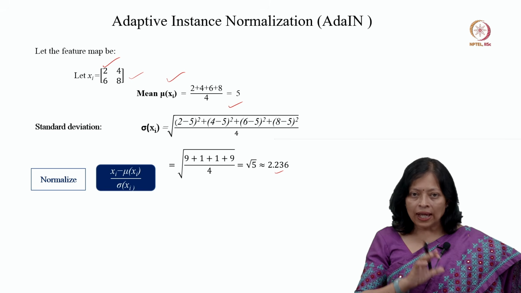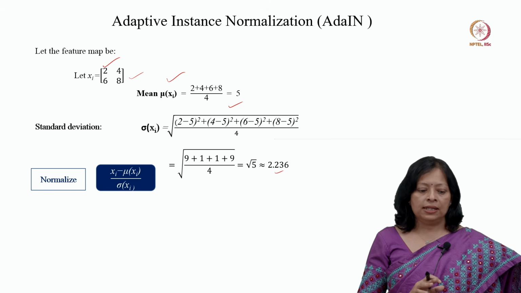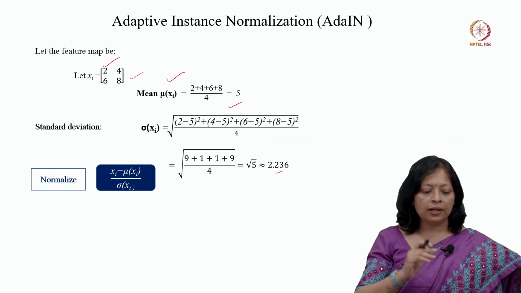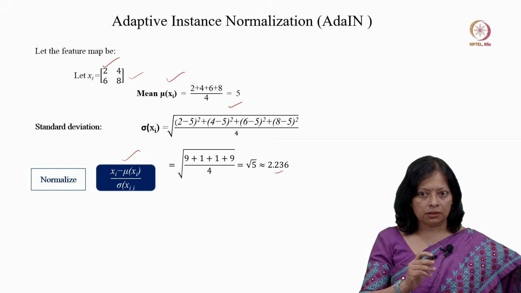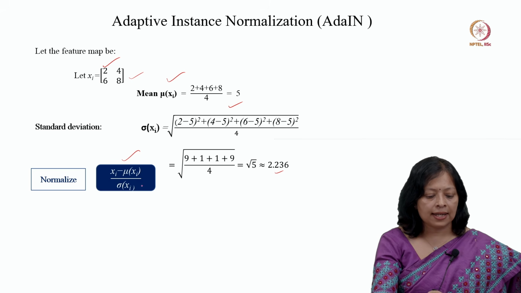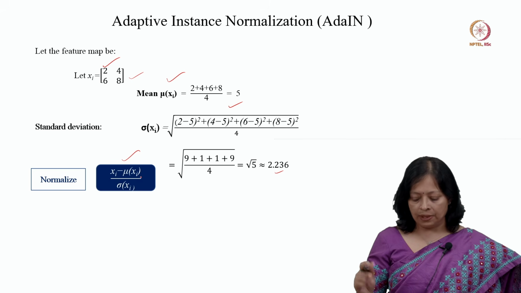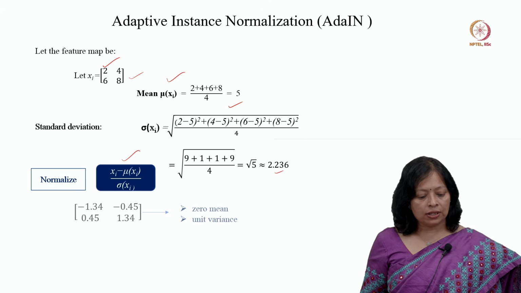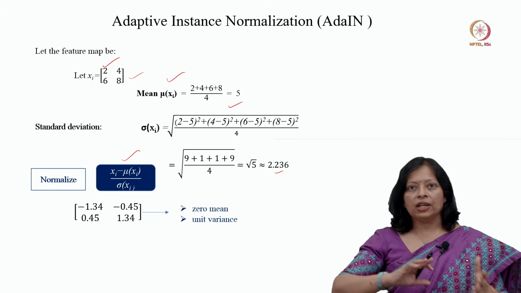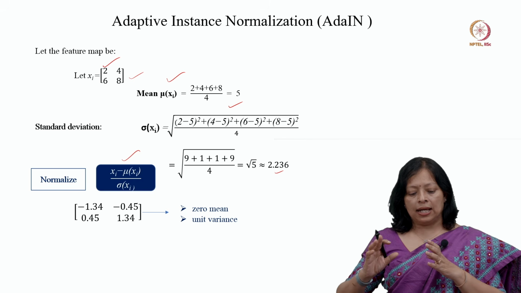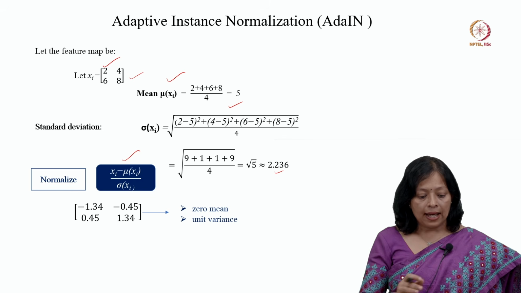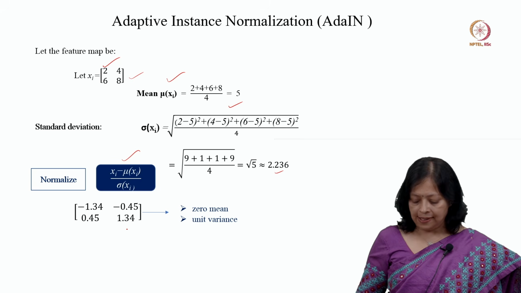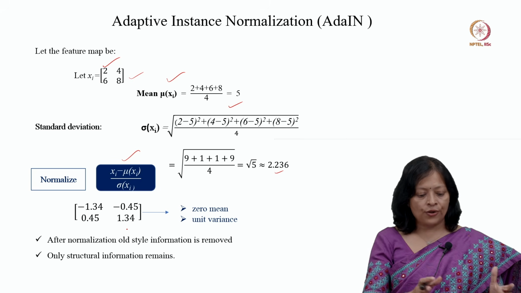Now when AdaIN is normalizing the feature map, it takes the normalization formula, x_i minus the mean divided by sigma, which is the standard deviation, and then we have a zero mean and unit variance feature map. I have done the calculations for you; you can pause and have a look.